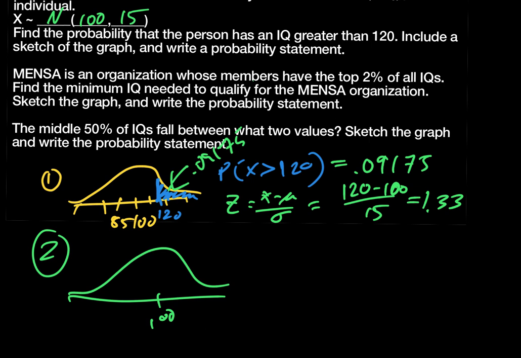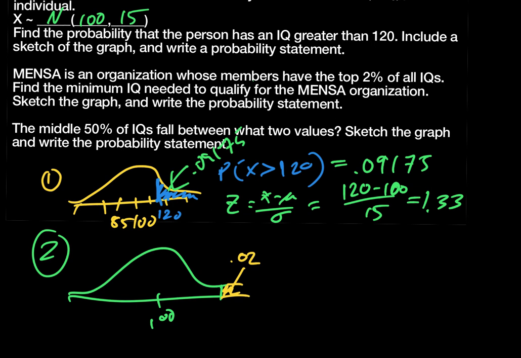I'm looking for this time an x value, an unknown value. What am I given? I am told this area is 0.02, the top 2%. What do I do with that?